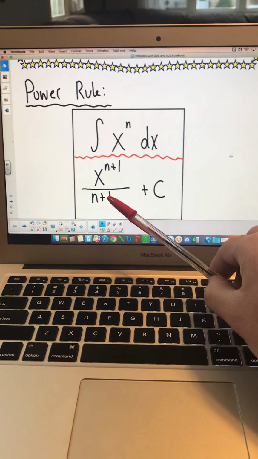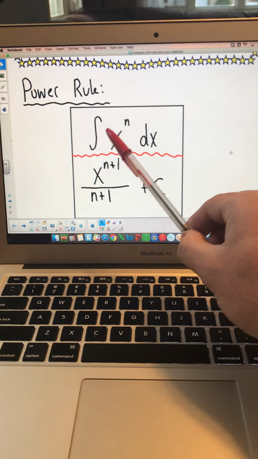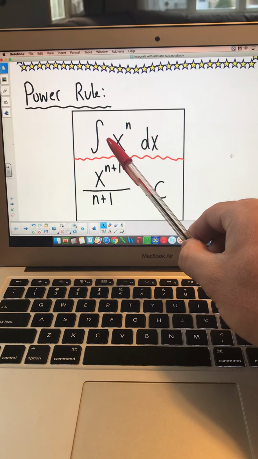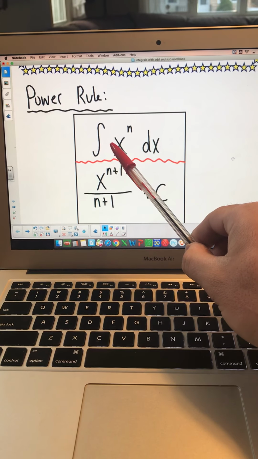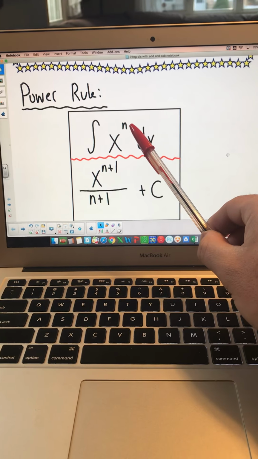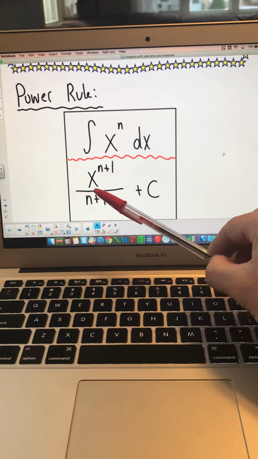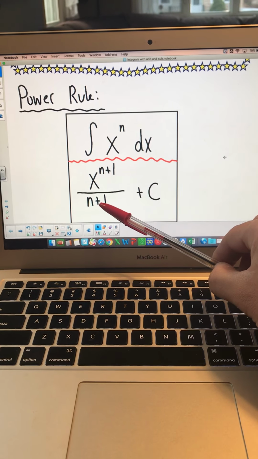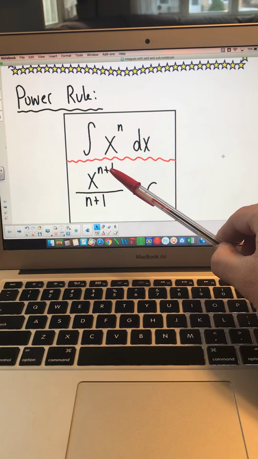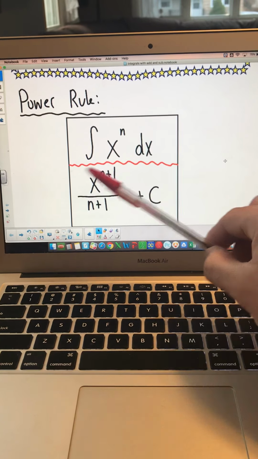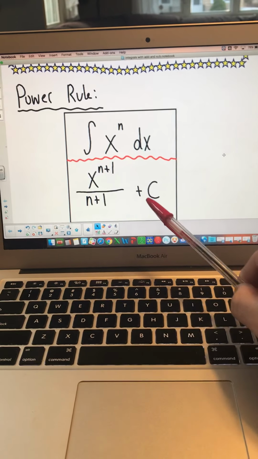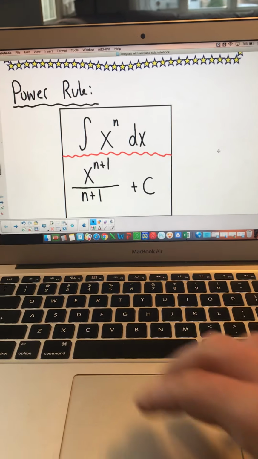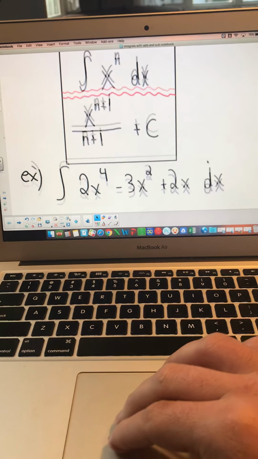When we took the derivative, we would bring the exponent to the front, multiply, and take 1 away. The integral's the opposite: dividing by the new exponent and adding 1 to it. Don't forget Carlos. Let's take a look at the example.